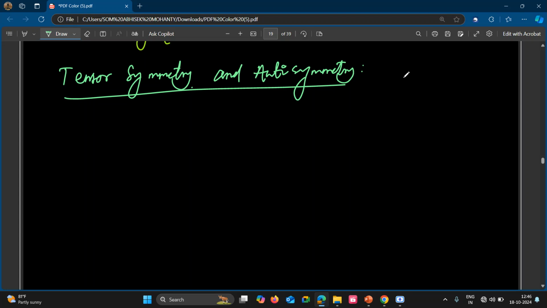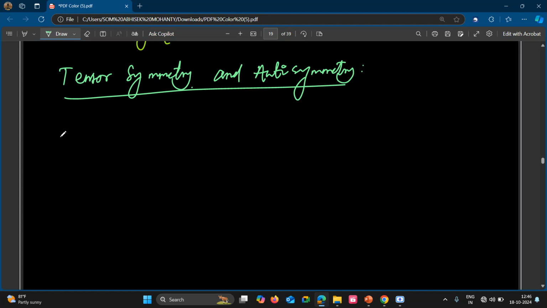Symmetry or antisymmetry is defined only for contravariant and covariant tensors of rank less than or equal to 2. There are two types: symmetry or antisymmetry can be partial or complete.